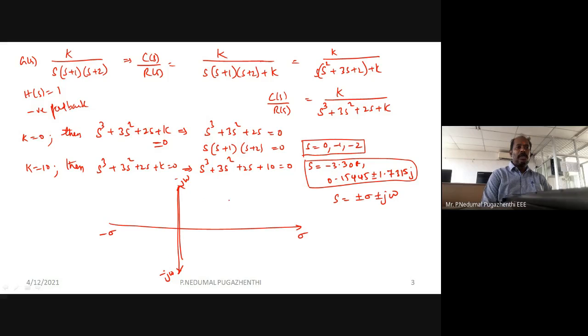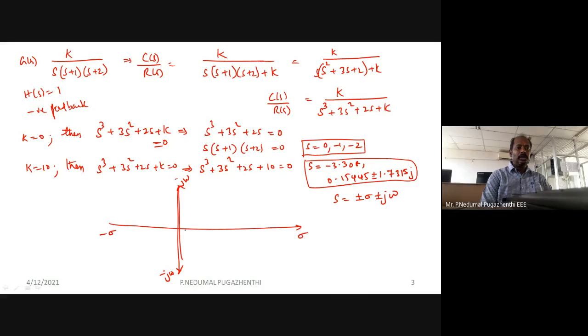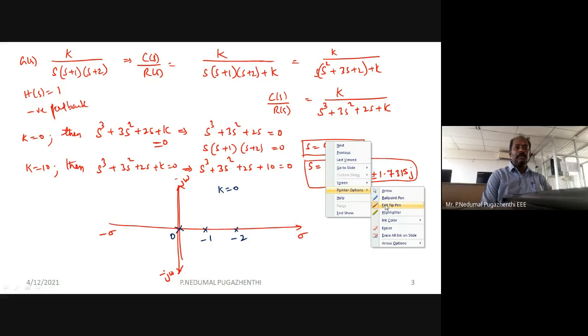Initially, the roots are, let me choose a different color to note down my roots. S is equal to 0, I have a root. S is equal to minus 1, I have a root. S is equal to minus 2, I have a root, for k equal to 0. Let me take another color for differentiation.